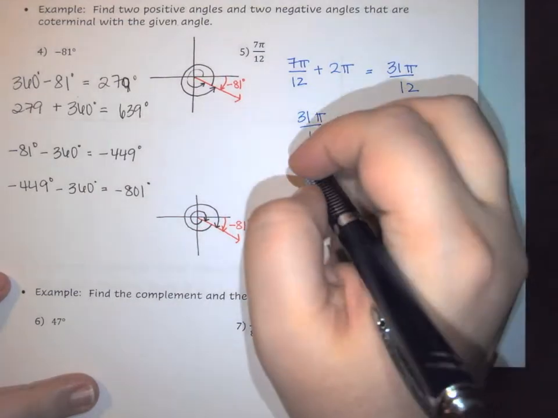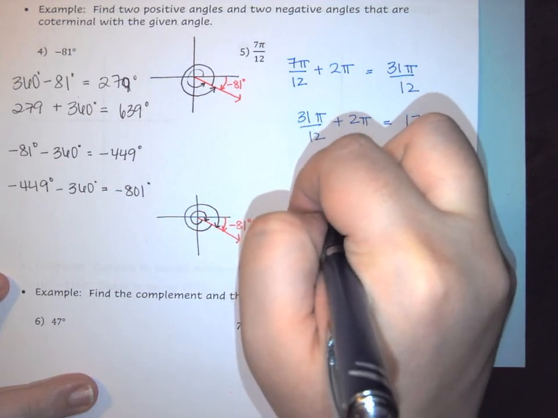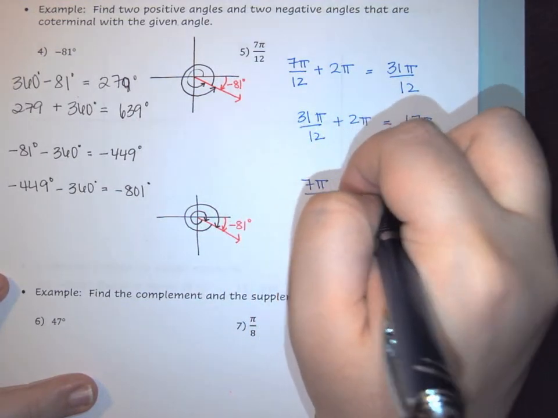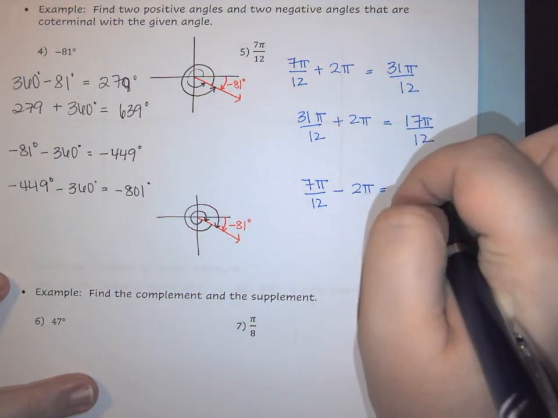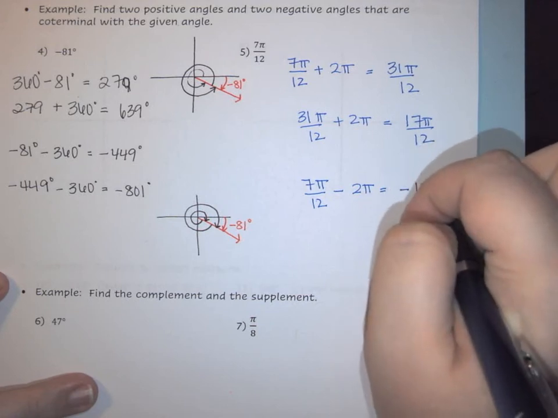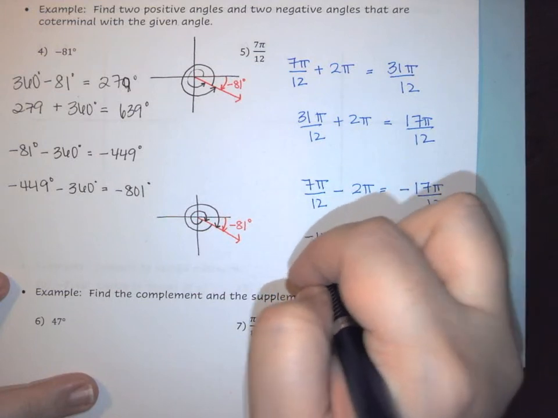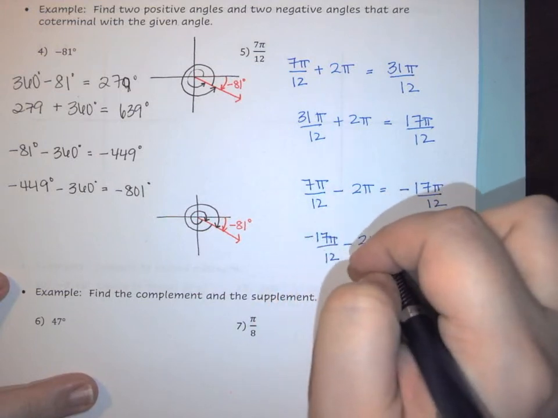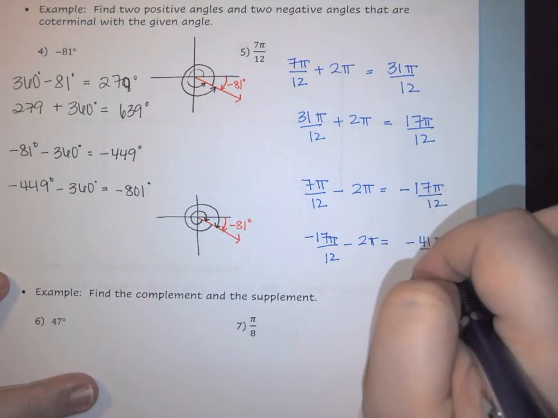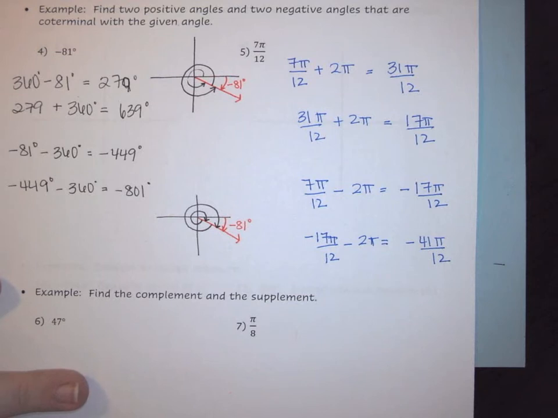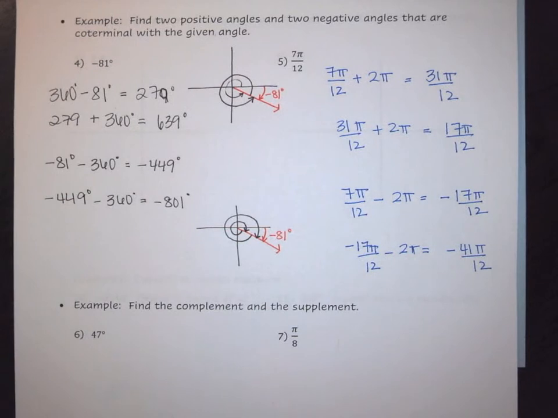Now just like with the subtraction, we're going to do that same thing. We're still going to start with that 7 pi over 12, but this time we'll subtract a rotation. And in doing that, we end up with a negative measure, so negative 17 pi over 12. We then take that negative 17 pi over 12, subtract another rotation, and thus negative 41 pi over 12. Okay, so those are coterminal angles, positive and negative, to the given angle that you have.